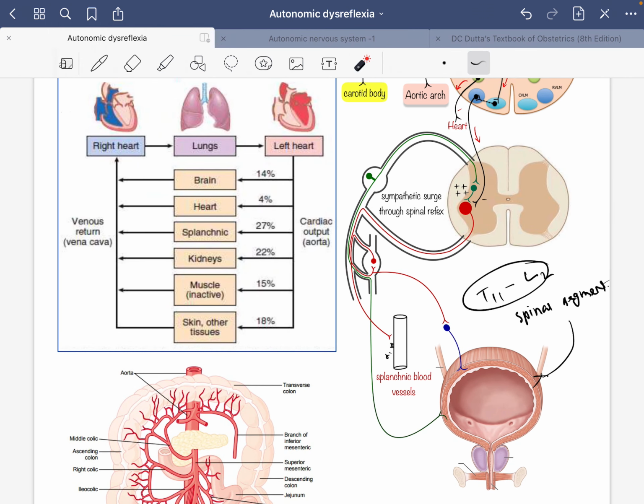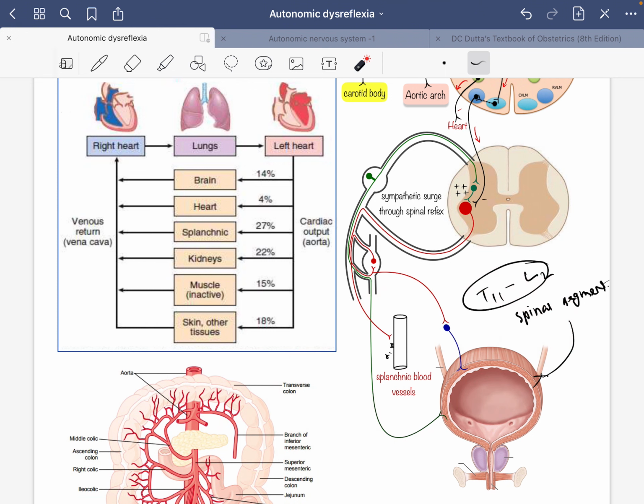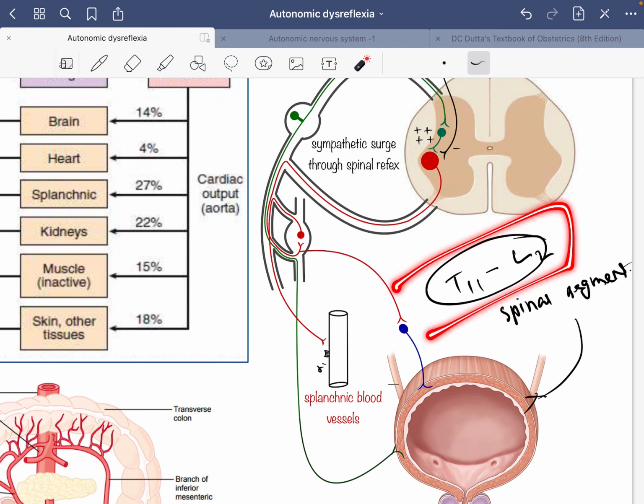Moreover, one interesting thing, you can know that the spinal segments T8 to L1 supply the suprarenal gland. So due to the distension of the urinary bladder, T11 to L2 spinal segments also start to release excitatory signals to your suprarenal glands.